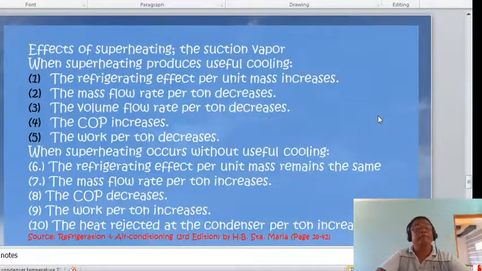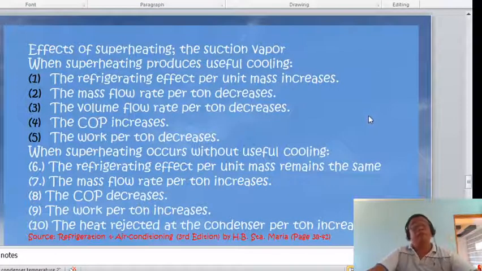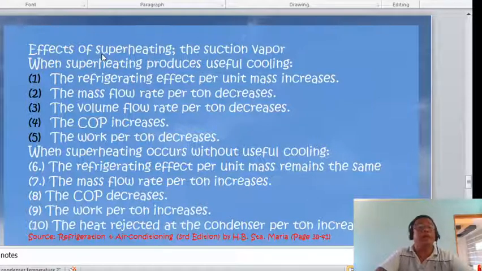Here now, class, is the effect of superheating the suction vapor. When superheating produces useful cooling: number 1, the refrigerating effect per unit mass increases; 2, the mass flow rate per ton decreases; 3, the volume flow rate per ton decreases; COP increases; and the work per ton decreases.